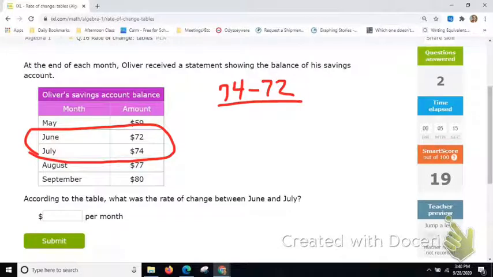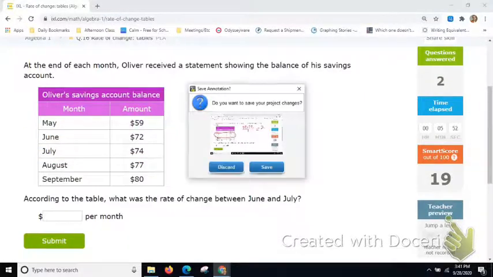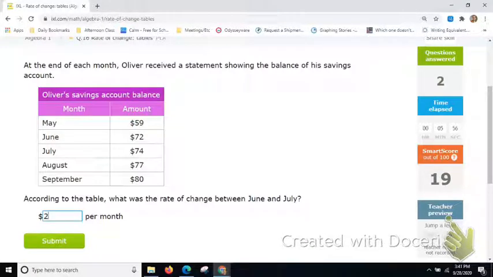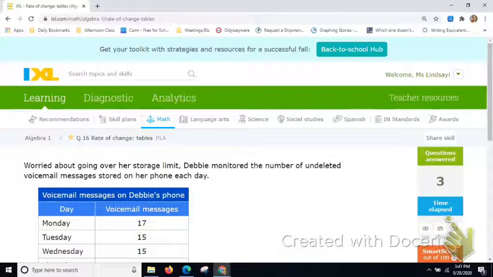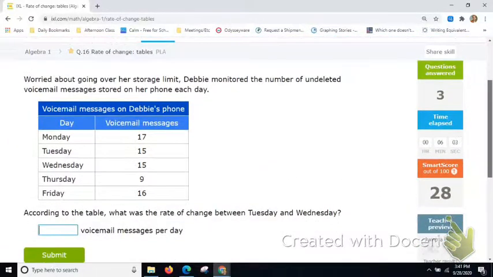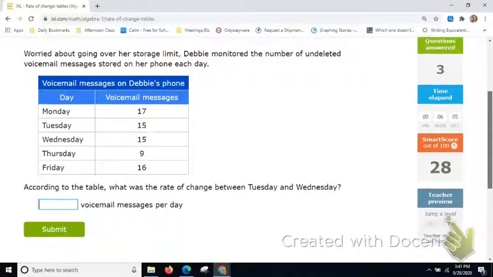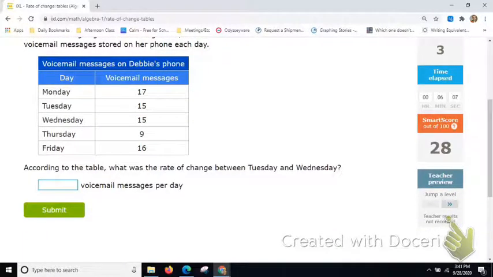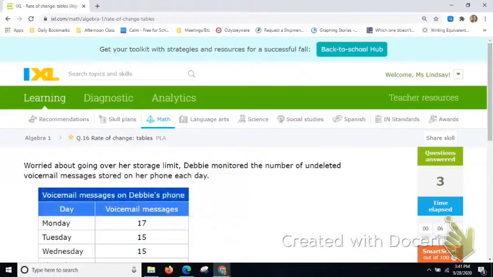And then how many months from June until July is just 1 month. So this is 2, and this time it is positive. So it's going up $2 per month. So far they have only been 1 day, 1 month apart. We're going to jump a level to see what we get next.